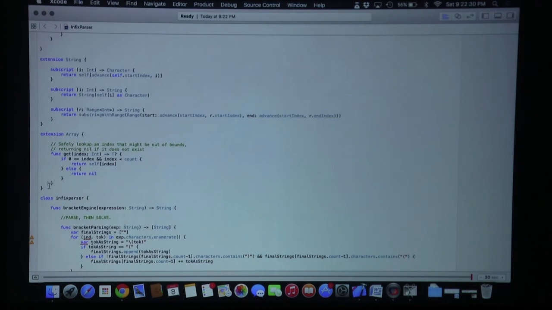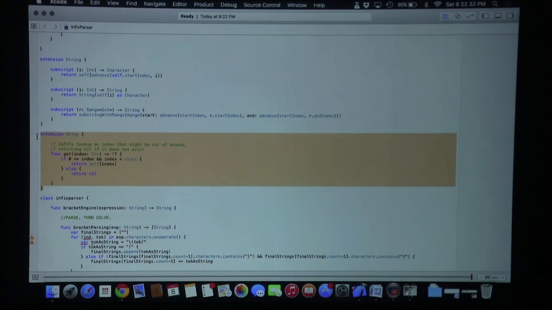And then finally, this extension to the array class, which will allow us to get something from an array and make sure that it actually exists by either returning an optional or the actual value if it exists. This was created by someone on Stack Overflow as well, and I will be putting their name and the link to their answer down in the description.